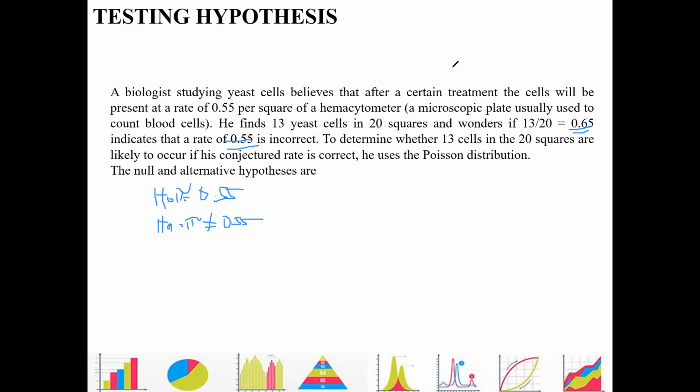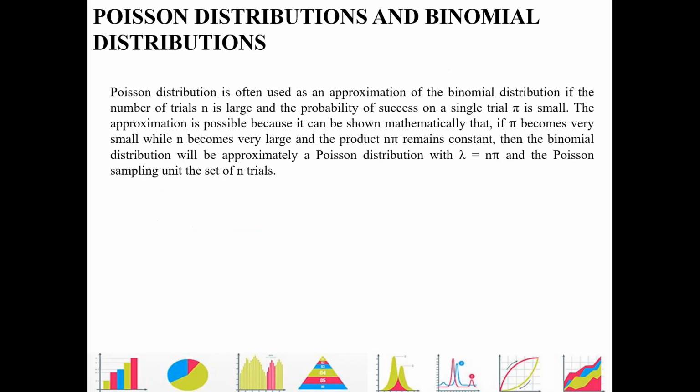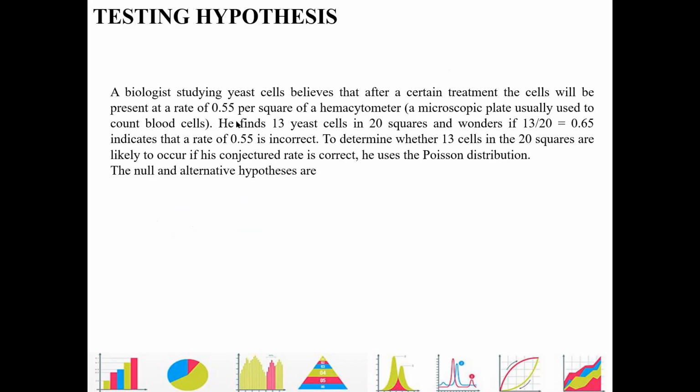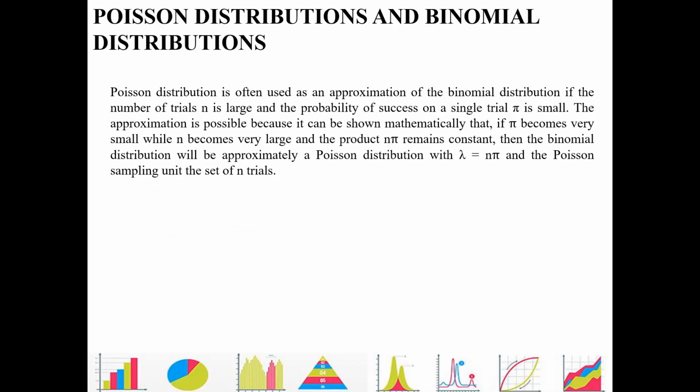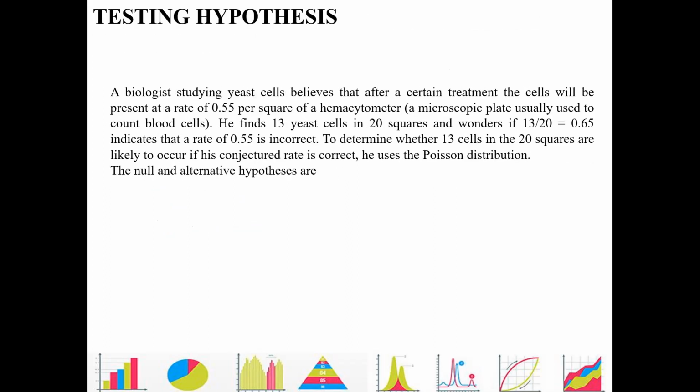Okay. Next is, once we establish the null hypothesis, then ang sunod, meron din tayo ang tinatawag na Poisson distribution table.